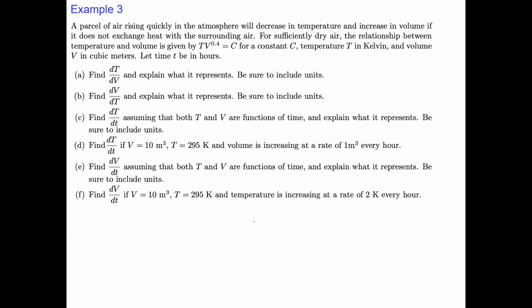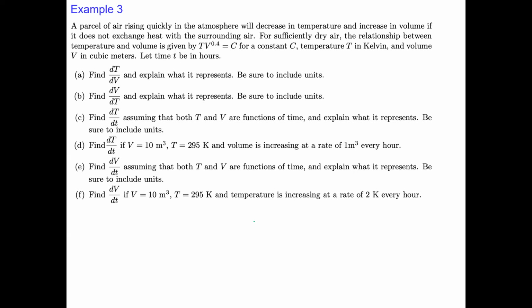Now let's look at this one. Lots of derivatives. A parcel of air rising quickly in the atmosphere will decrease in temperature and increase in volume. We can imagine increasing the volume of a balloon, for instance, if it does not exchange heat with the surrounding air.